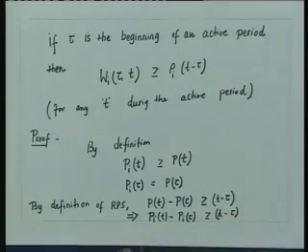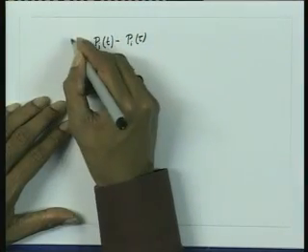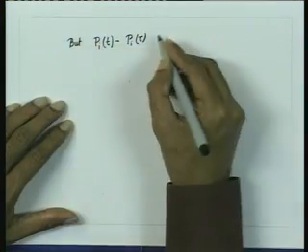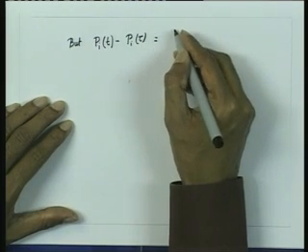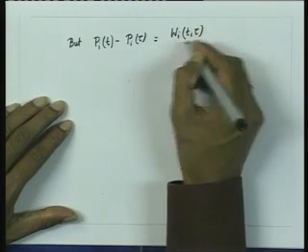But during the active period, the increase in the session's potential is equal to the normalized service the session has received. So Π_i(t) minus Π_i(τ), that is the increase in the session's potential, is always equal to W_i(τ, t) upon ρ_i.